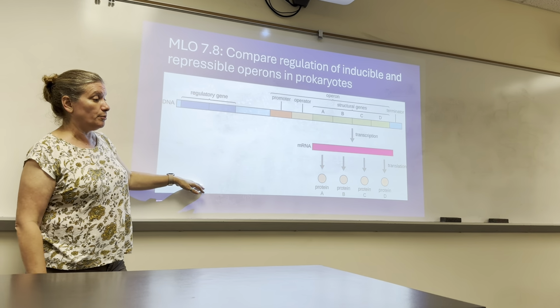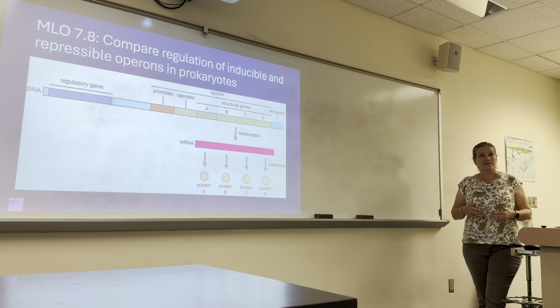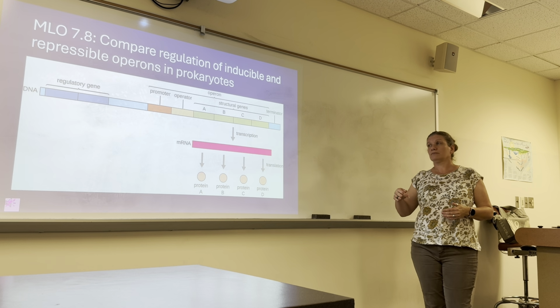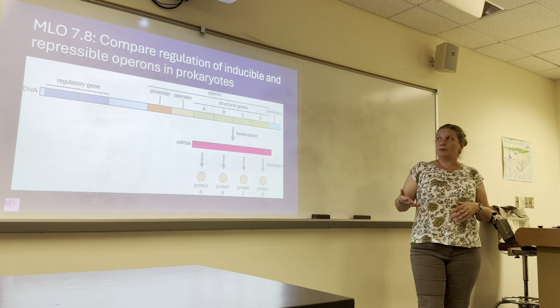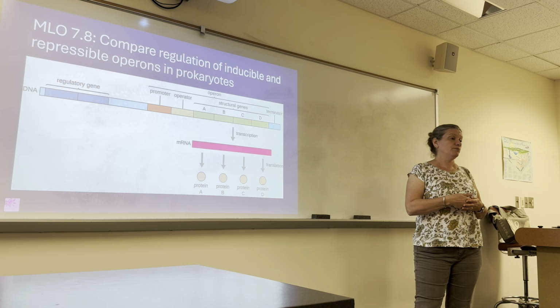Now, the regulatory protein, it depends upon the particular operon as to whether it is going to repress the operon or induce the operon. Inducible operons are usually linked to catabolic processes.